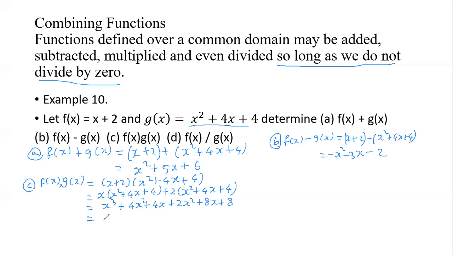Combine like terms, we get x cubed, 4x squared plus 2x squared is plus 6x squared, plus 4x plus 8x is plus 12x, plus 8. Okay, that's C.